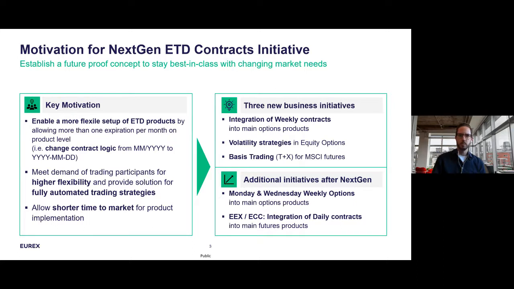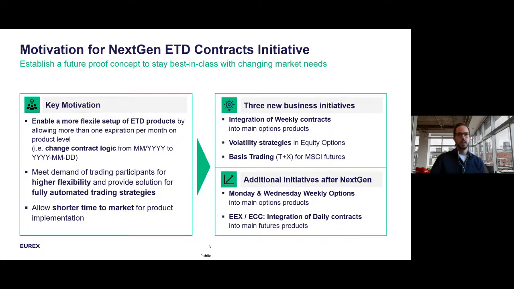At the same time, we want to achieve a more flexible setup with the changes that come along with the NextGen initiative. And we also expect a shorter time to market for future product implementation.